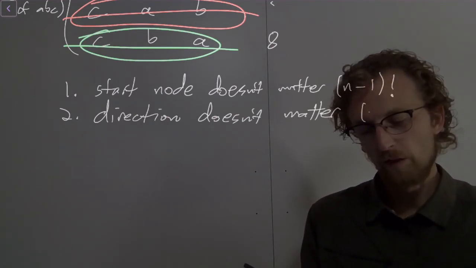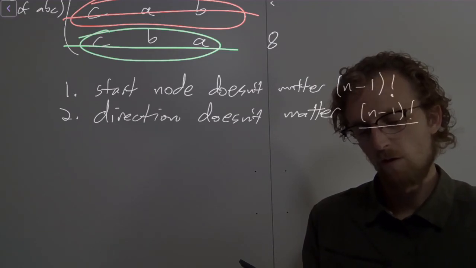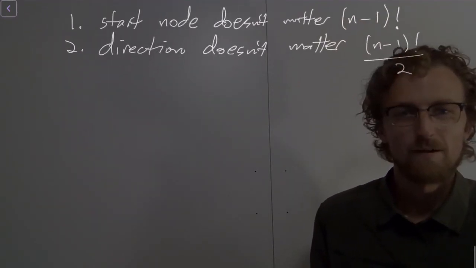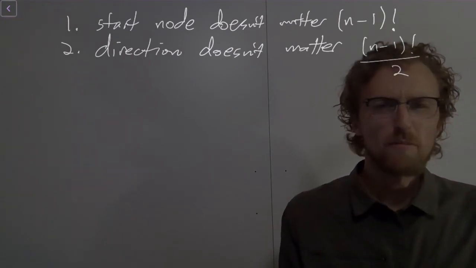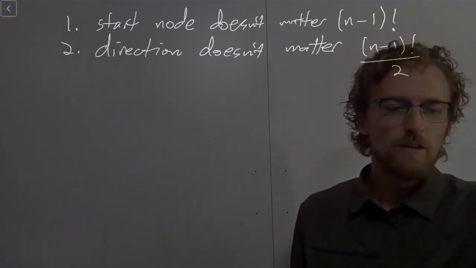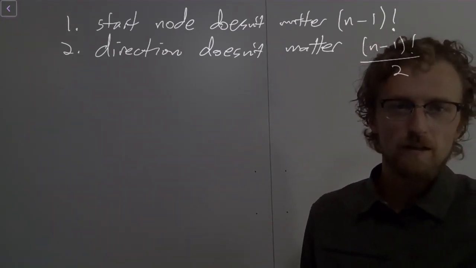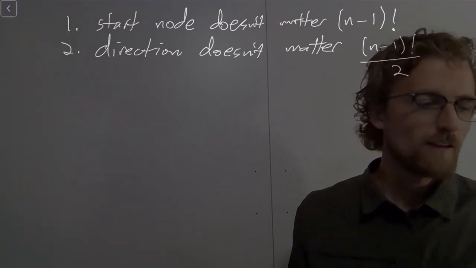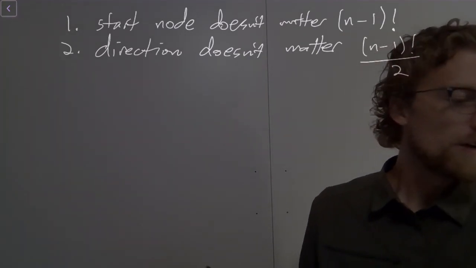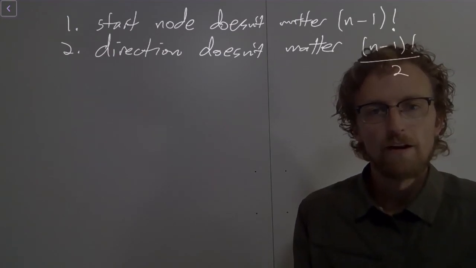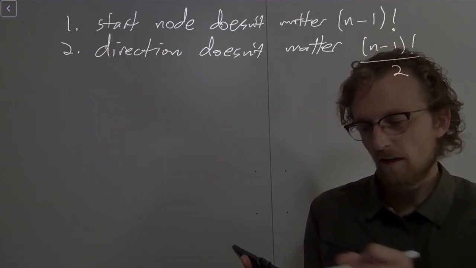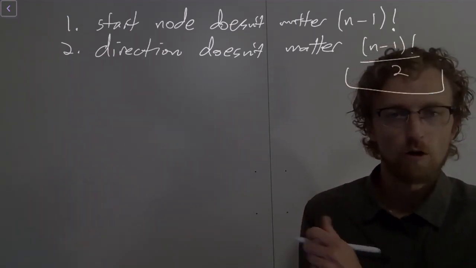So really, we only have n-1 factorial over 2 possible solutions, right? But anything factorial is going to be nasty, okay? And so it's worth thinking a little bit about how fast this function grows.